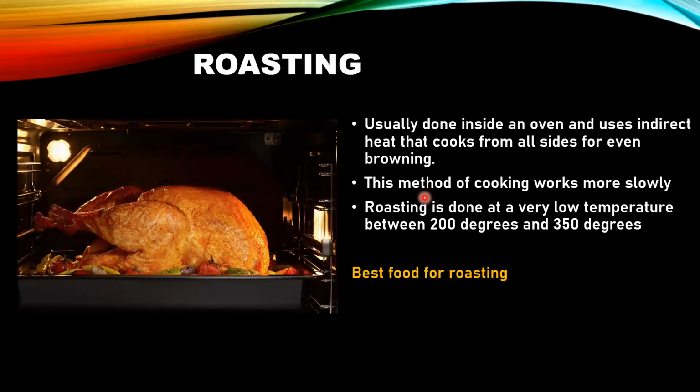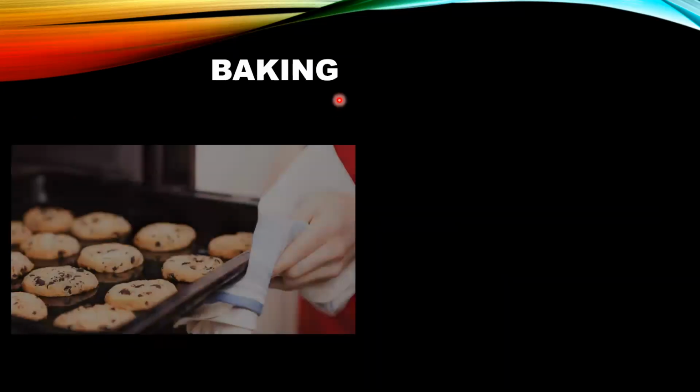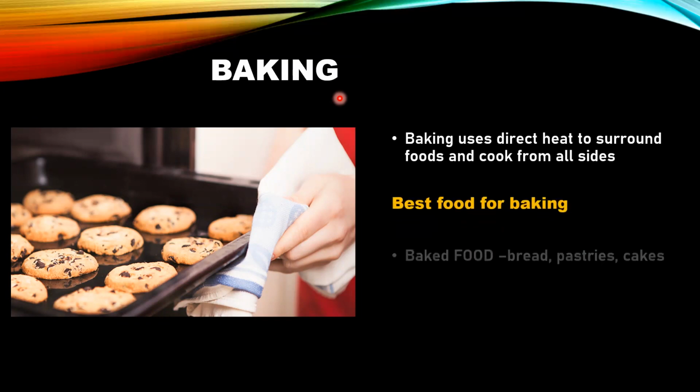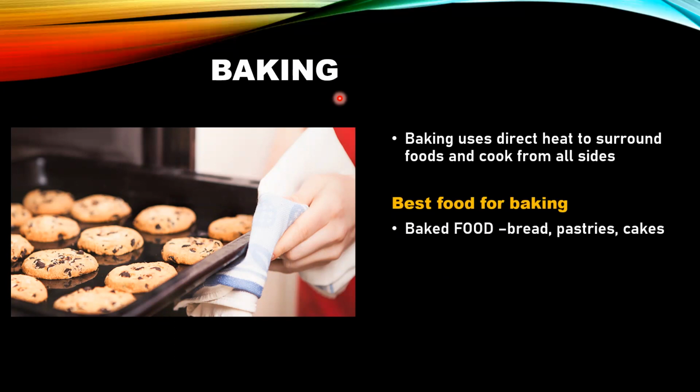Some of the foods used for roasting are meat, poultry, fruits, and vegetables. We also have baking. Baking uses direct heat to surround foods and cook from all sides. Best foods for baking: bread, pastry, cakes, pizza.